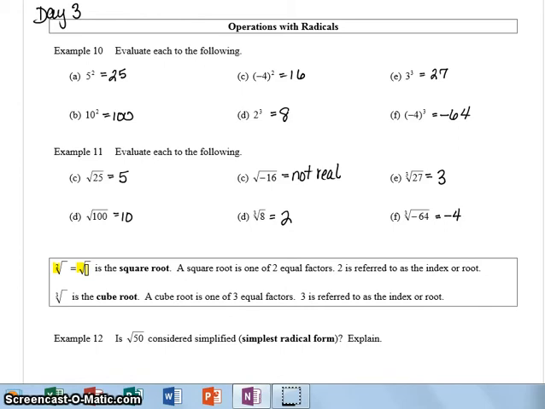Any other index greater than 2, it has to be written. So the cubed root, or if I wanted to take the 4th root, okay, so you could see the word here, index or root, okay? So this one, the root's 3, but again, your normal square root has an index of 2. We just don't normally write it.